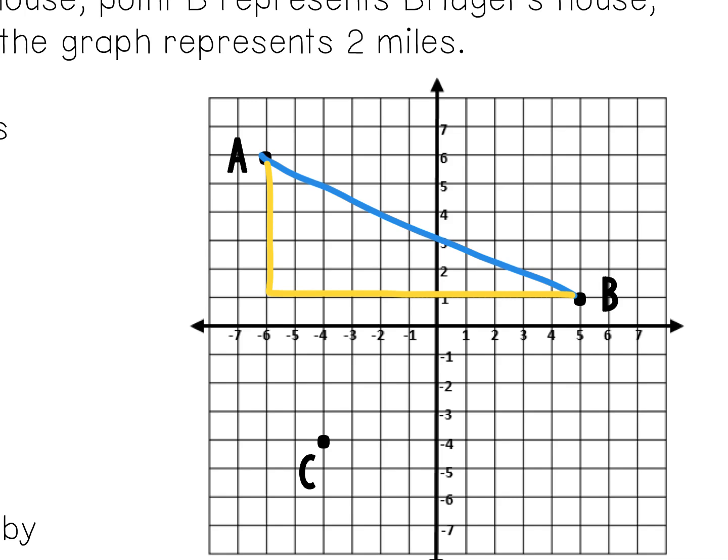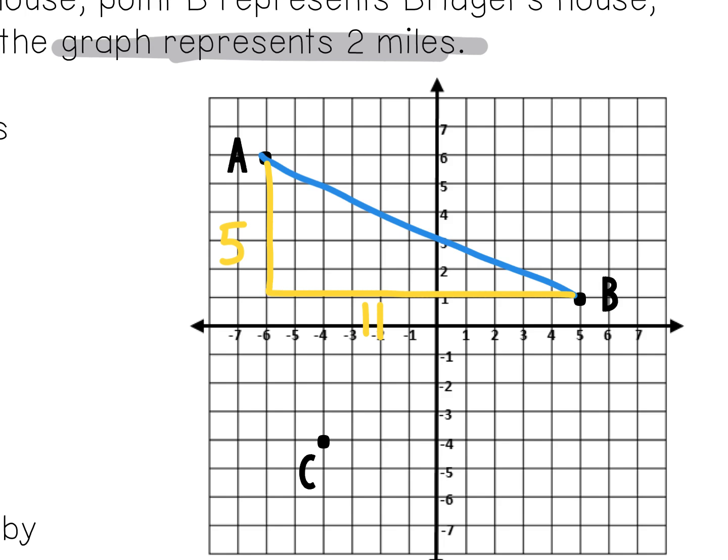How tall is that triangle? 5. 5 is both correct and incorrect at the same time, but we'll get to that in just a second. How wide is the triangle? 11. Okay, now I'm going to highlight something. It says that each block represents how many miles? 2.